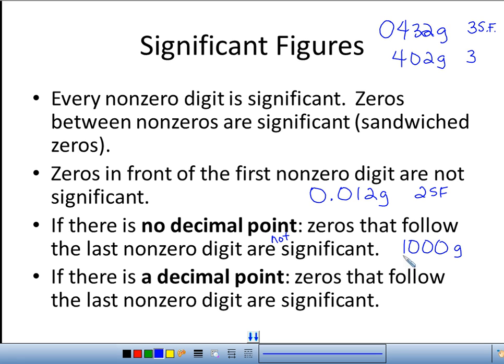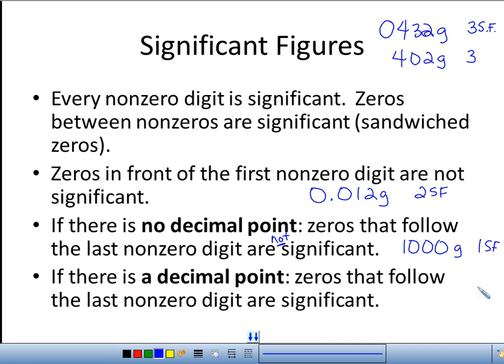All right. How many sig figs are in there? Well, there's one non-zero digit, the 1. These zeros are not sandwiched. All right. And so since there's no decimal point, the zeros that follow the last non-zero digit are not significant. That means this number has 1 sig fig.